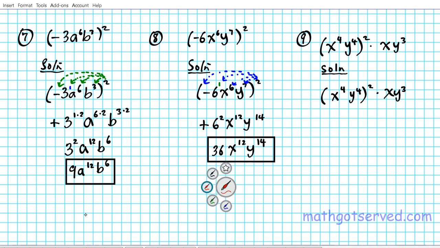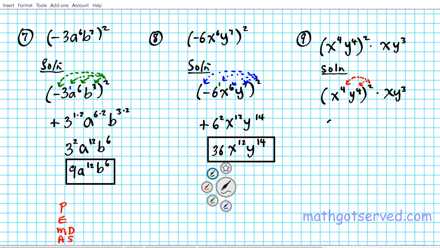Remember, please excuse my dear Aunt Sally, order of operations. In please excuse my dear Aunt Sally, you do the power, the exponent, before you multiply or divide. So we have to deal with this exponent first before we multiply. How do we deal with that? We will use the power of a power property. That 2 gets multiplied by those two powers.